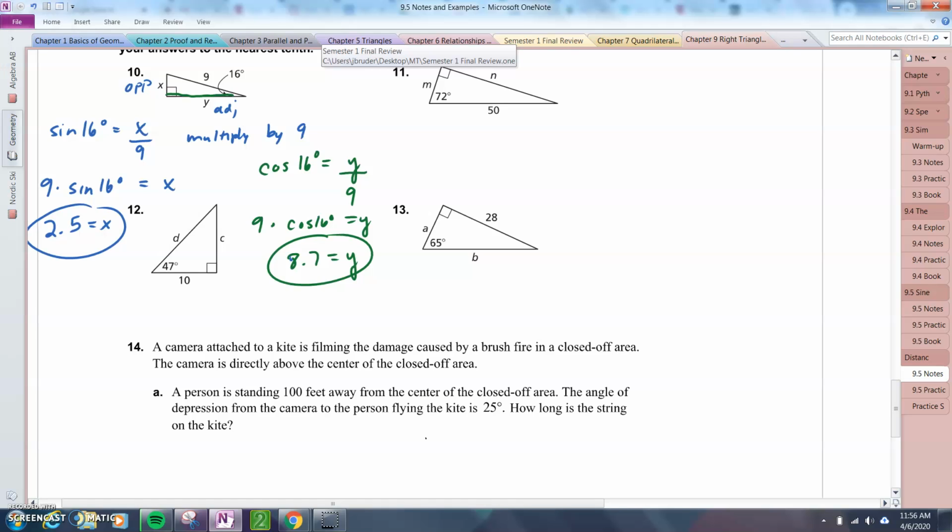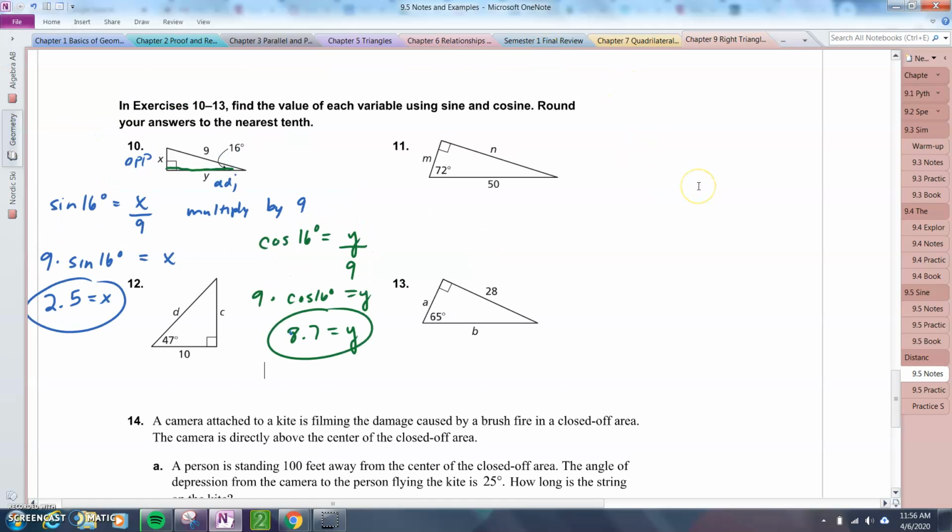One that's a little different, actually let's do 13, because we're going to have to use what we solve for A or B to solve for that unknown side. And what I mean by that is, in this case, let's start with sine. So the sine of 65 degrees.